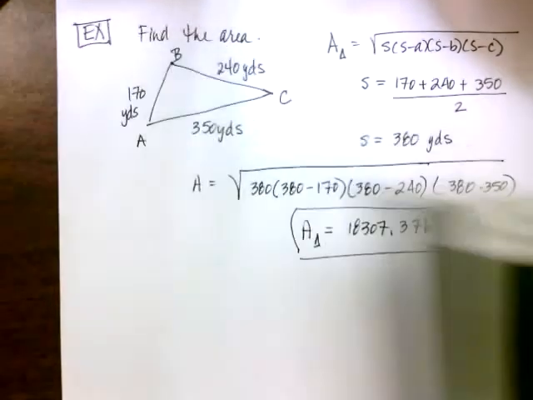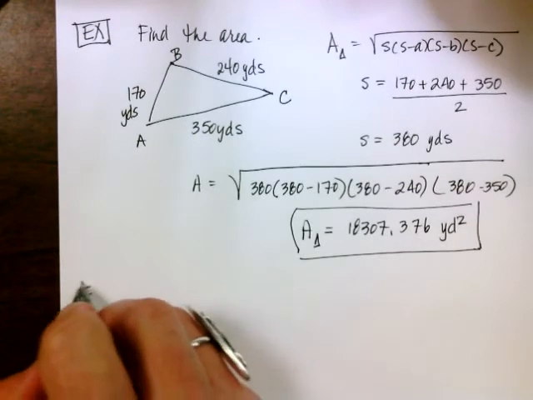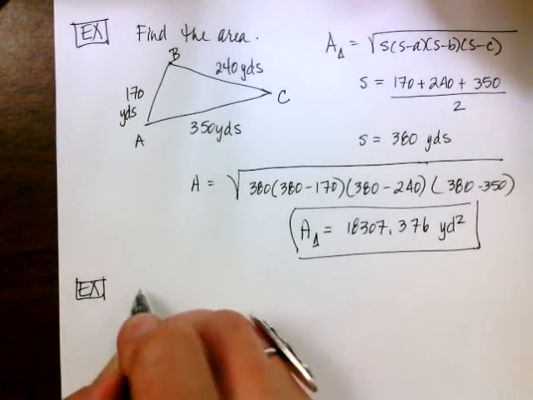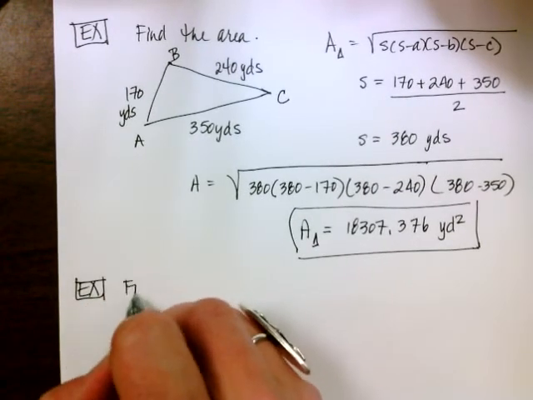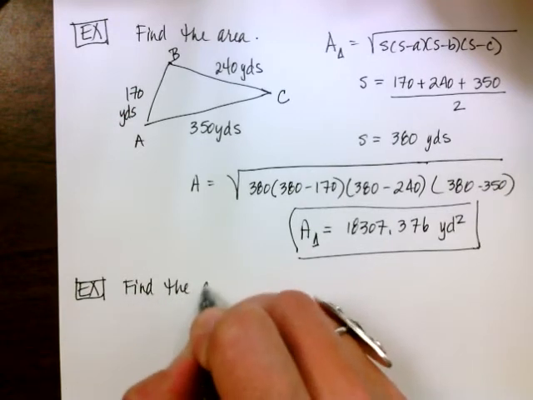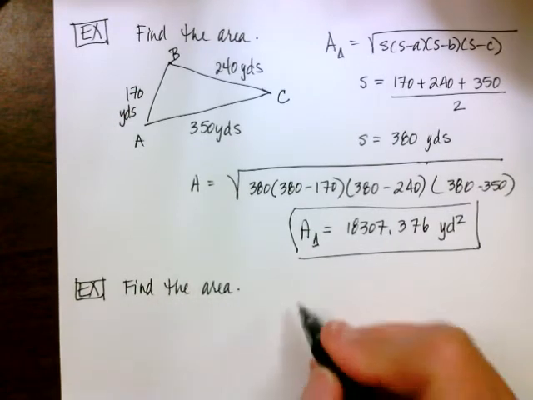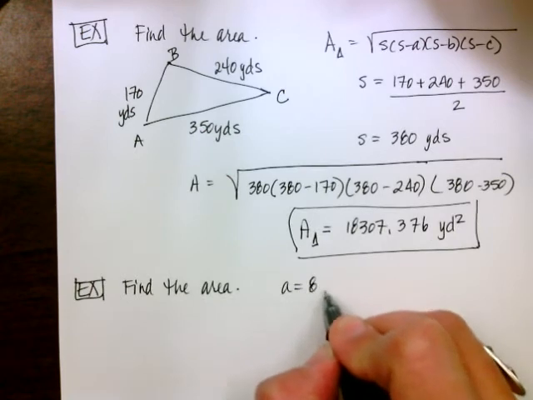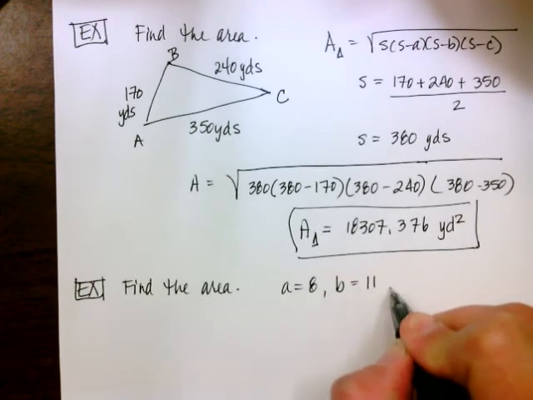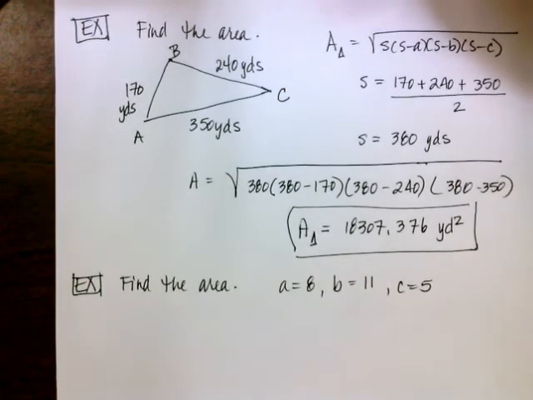Okay. All right, one more example of these, and then I'll give you your problems. Again, it says find the area. Alrighty, so this time they're just going to tell you that A is 8, B is 11, and C is equal to 5.